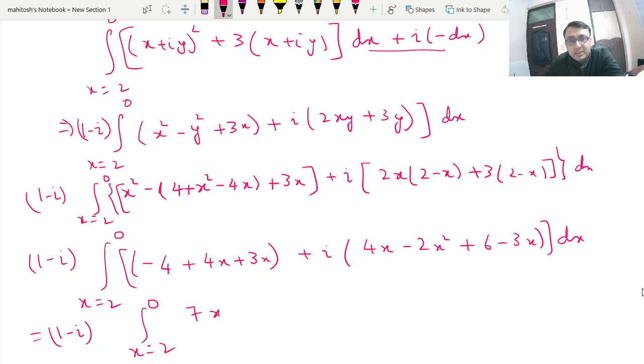So 7x minus 4, plus i times 4x minus 2x square plus 6. Now we can integrate this.